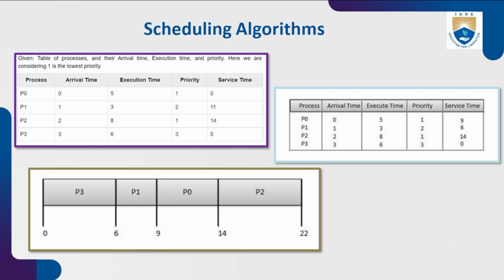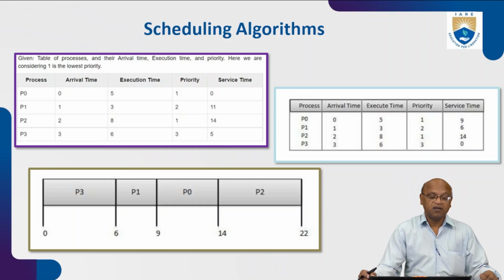So this is an example for the priority scheduling algorithm. As you have seen earlier in first come first serve and shortest job first, this is similar. Here the processes are P0, P1, P2, P3, with arrival times in the RAM, brought from the hard disk to RAM when the instructions come to RAM, and this is the execution time.